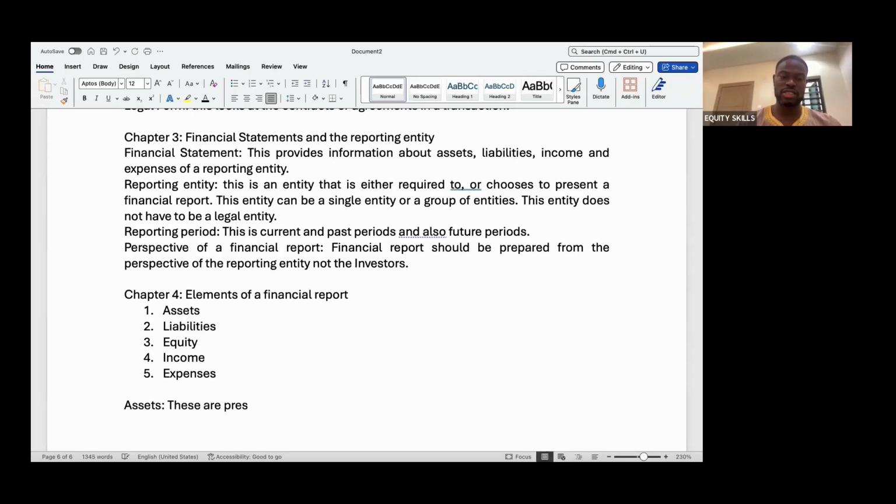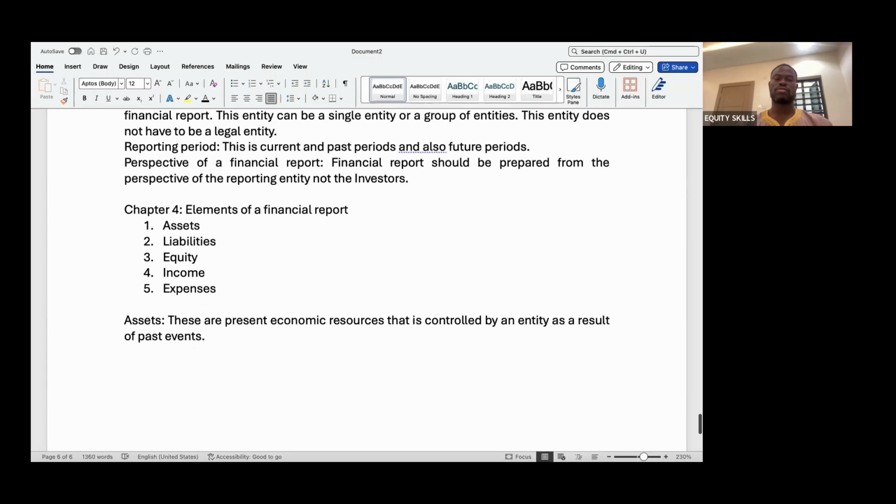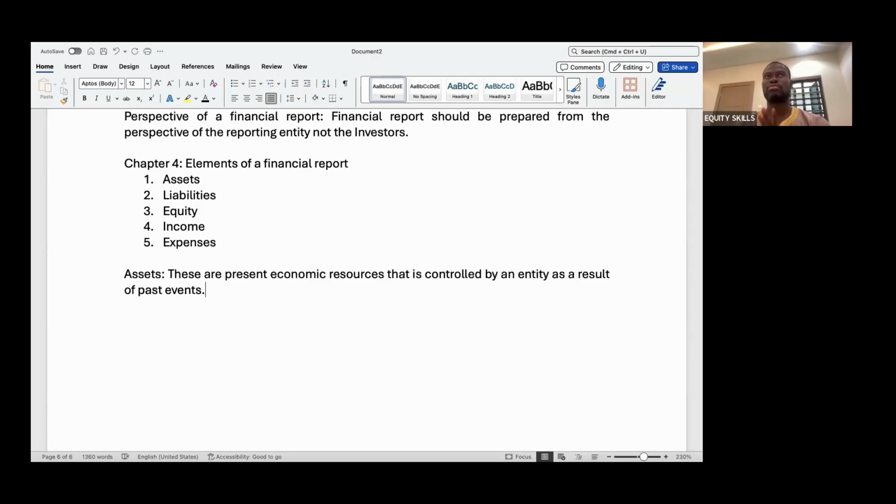So assets, I already told you that these are present economic resources of an entity, or economic resources that are controlled by an entity as a result of past events.